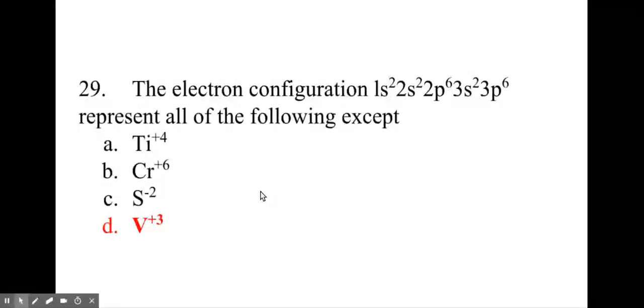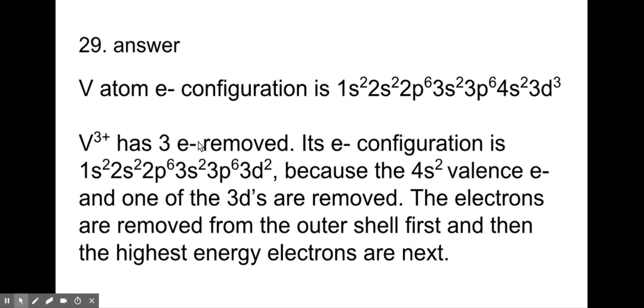Number 29, the electron configuration ending in 3p6 represents all of the following except which one? So again, you've really got to analyze every single one of them and see which one it doesn't fit with. When we get down to V at the end, we see the vanadium atom and its electron configuration.